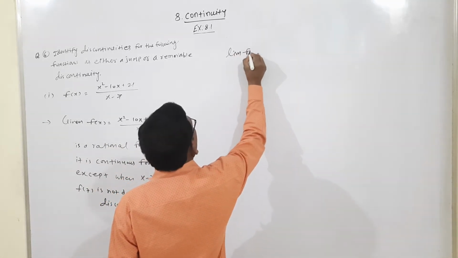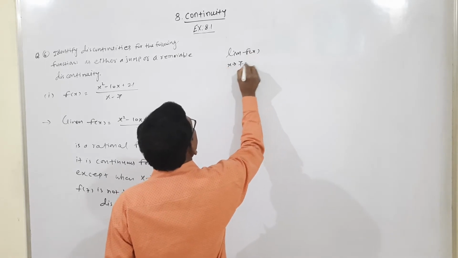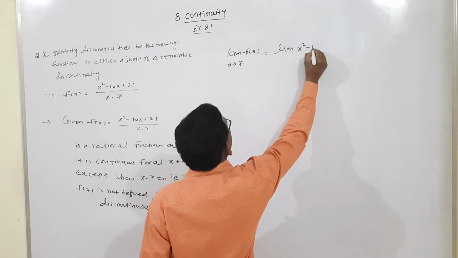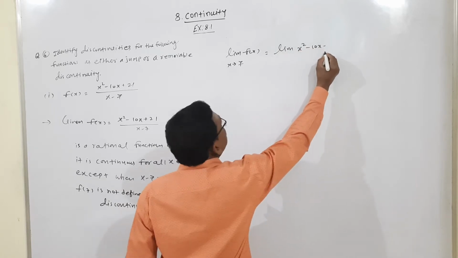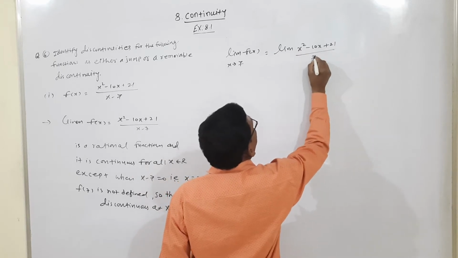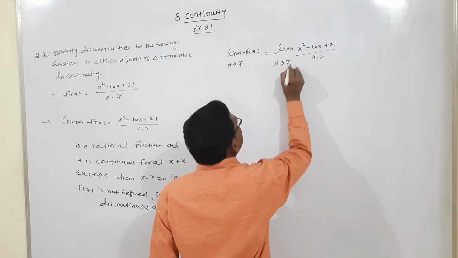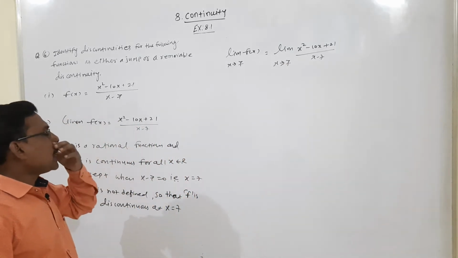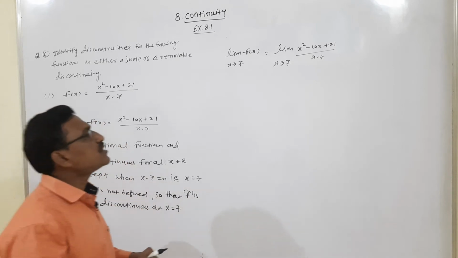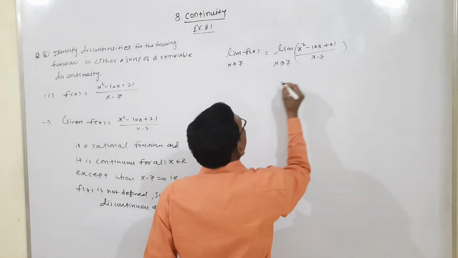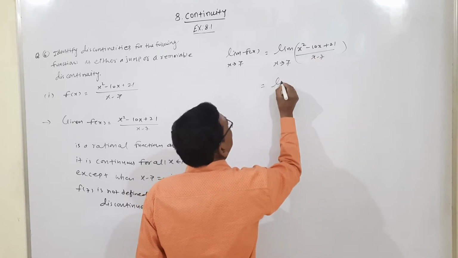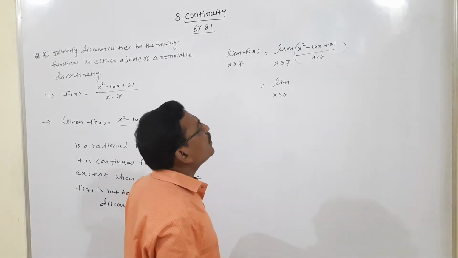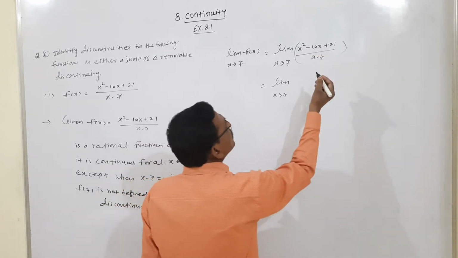Limit of function f of x as x tends to 7 is equal to limit of x square minus 10x plus 21 divided by x minus 7, as x tends to 7. So we find the limit. Actually we take its factors. The factors of 21 whose sum is minus 10: 7 threes are 21.